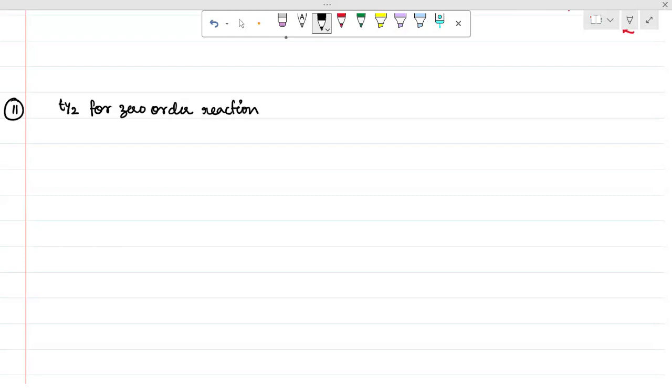T half for a zero order reaction A giving P is 1 hour, when A naught is equal to 2 molar.